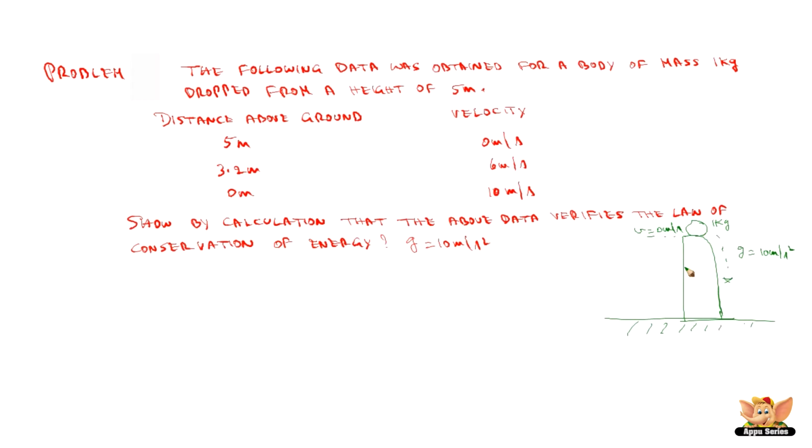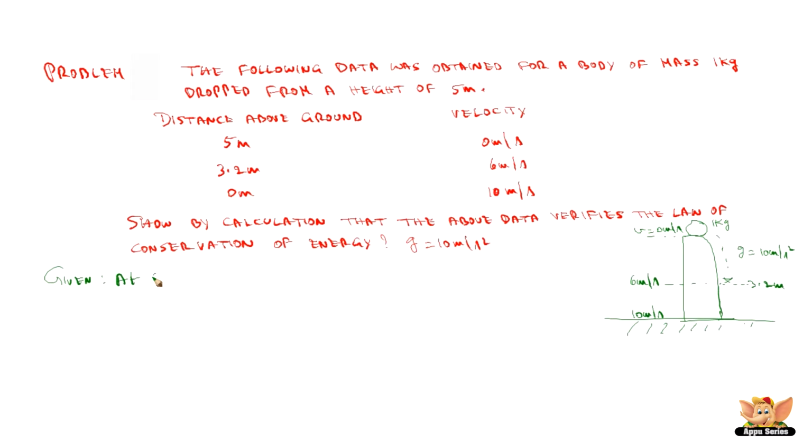At 3.2 meters, the velocity is 6 meter per second. And at 0 meters, the velocity is 10 meter per second, just before hitting the ground. So let's see from this data how we can prove conservation of energy.